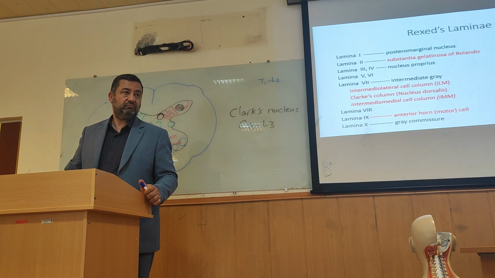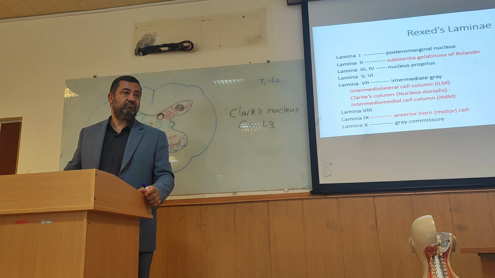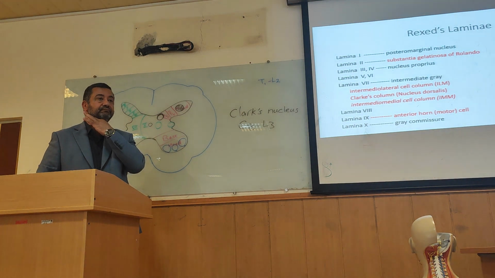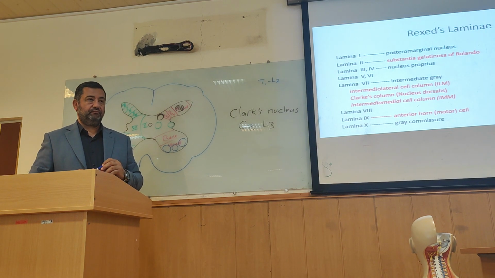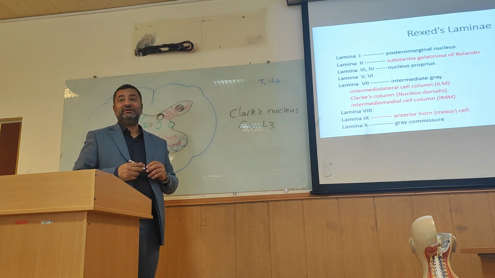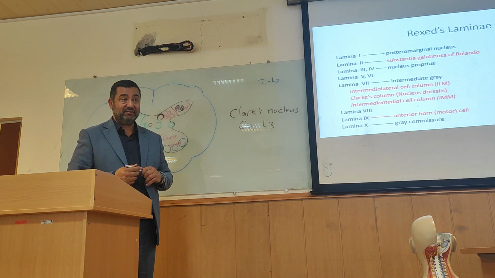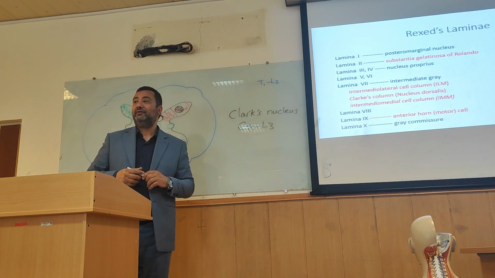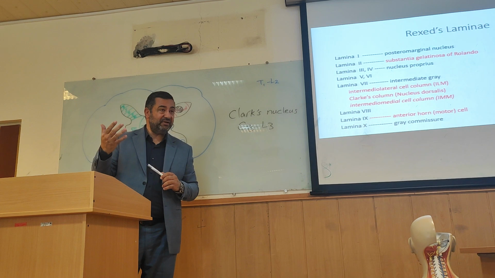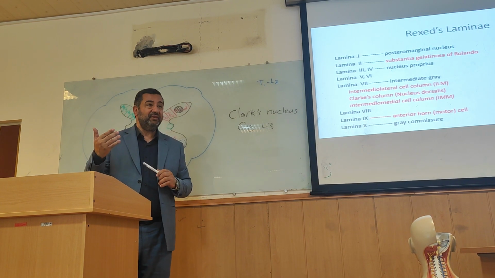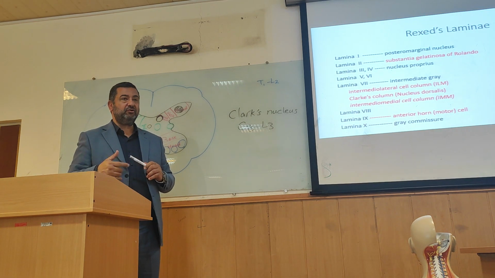Just I have a quick question. You said the spinal cord ends at the level between L1 and L2. So how is the L3 segment there? I told you, the spinal cord has 31 segments: 8 cervical, 12 thoracic, 5 lumbar, 5 sacral, and 1 coccygeal.